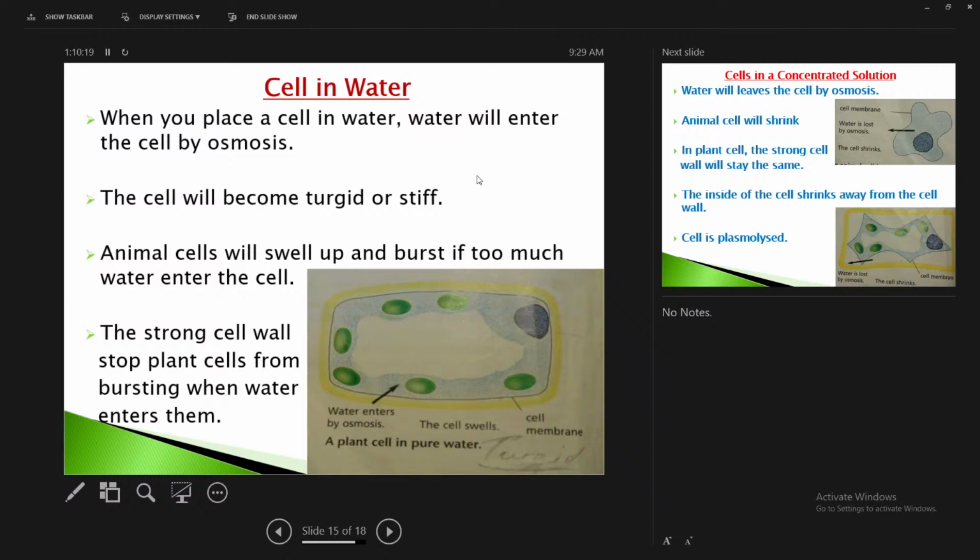So when you place a cell in water, water will enter the cell by that process that is known as osmosis.